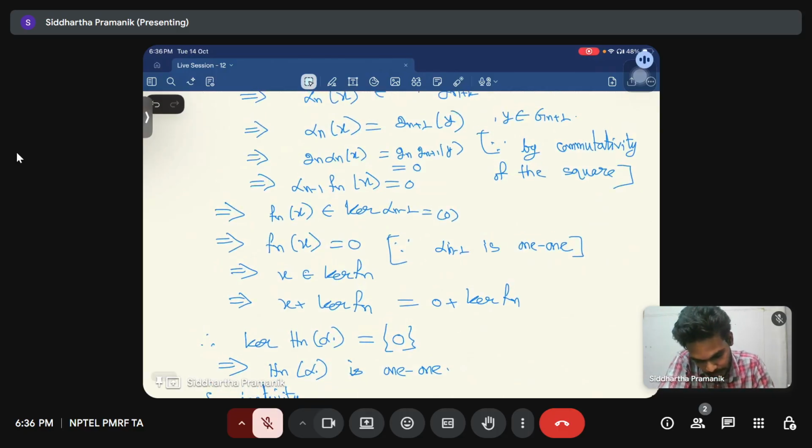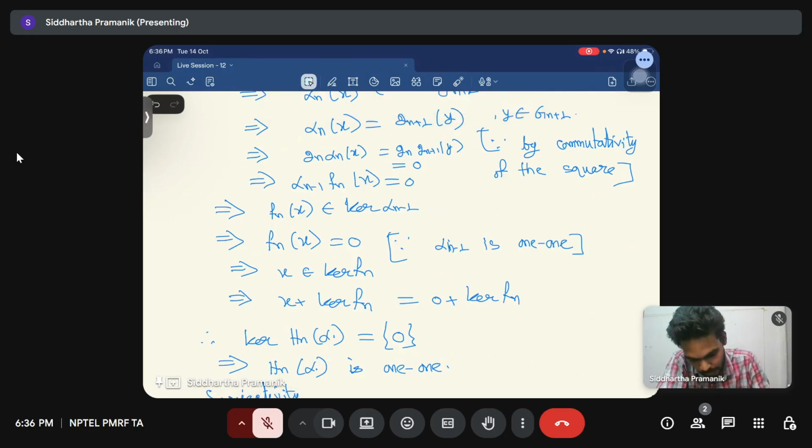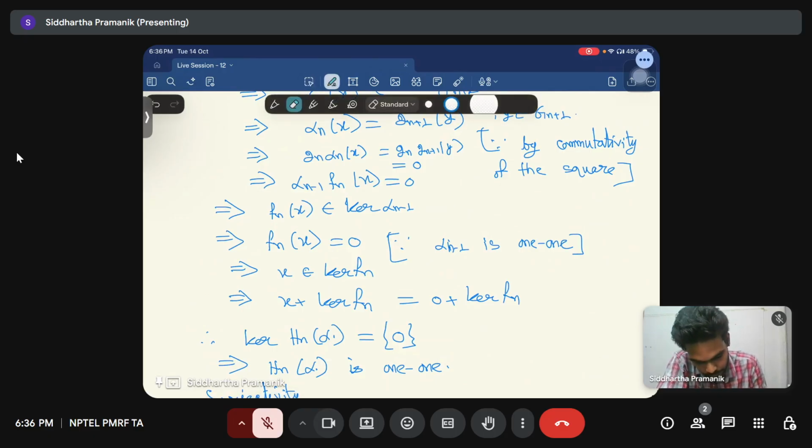So we need to use the other part, exactness, which is the same as the image of alpha_n, right?